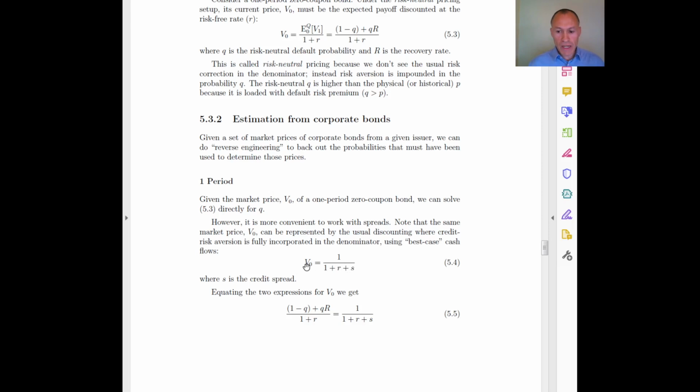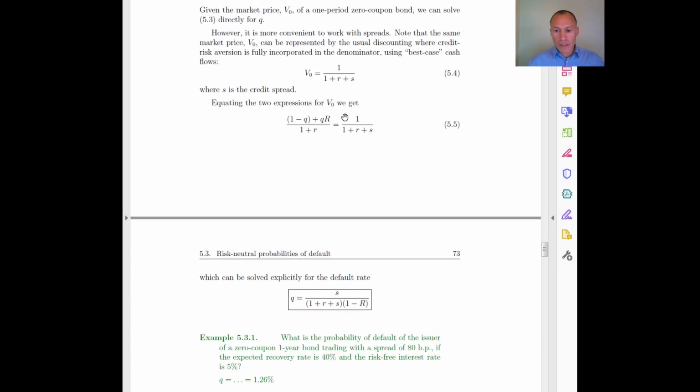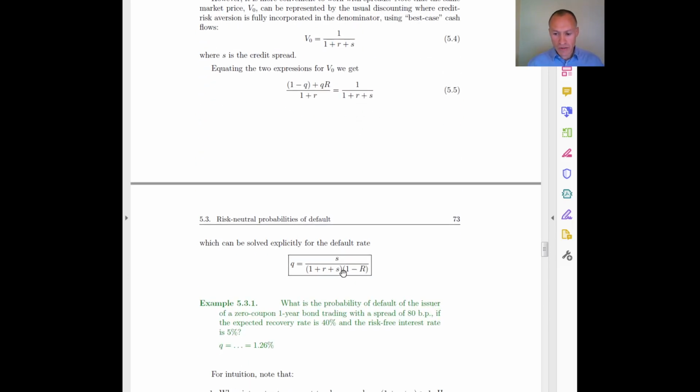Okay, but what I have on the left-hand side, here and here, it's the same thing. It's the same market price that I observe in reality. So that means that the right-hand sides have to be equal as well. So that's what we have here. I'm equating the two right-hand sides, equation 5.4 and equation 5.3. Okay. So solving this equation for Q, I get this expression that you see here.